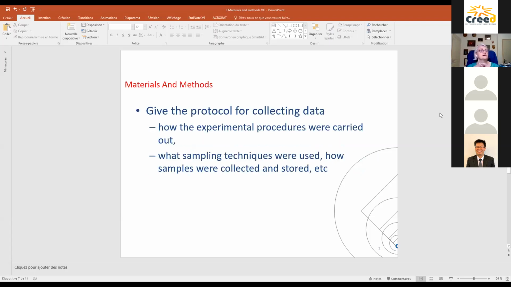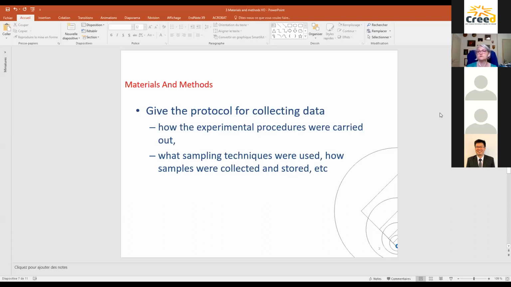You need to say what the protocol was for collecting the data. So semi-directive interviews, or dredging, or data were collected from the maritime agencies, or from the urban planning department, things like that. What sampling techniques were used, how the samples were collected and stored.